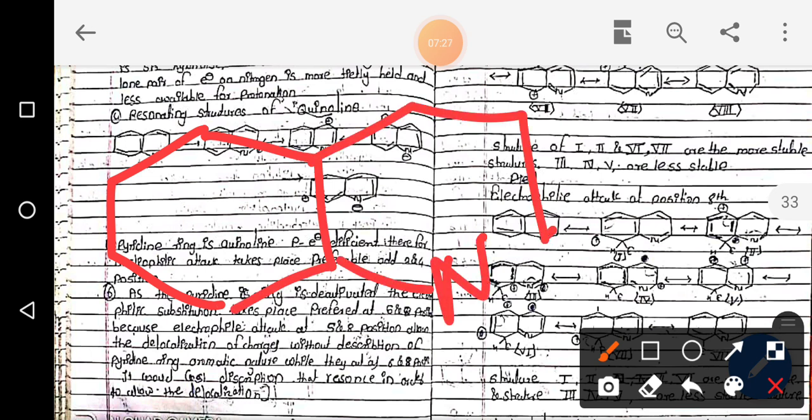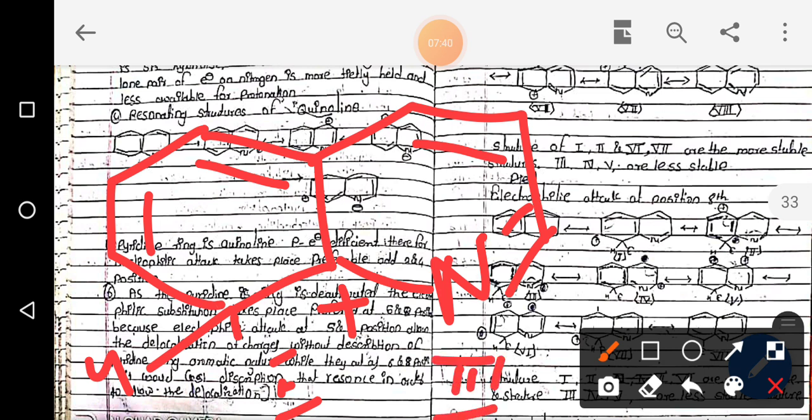In every step there is a general structure: plus charge comes here, double bond here, double bond here, hydrogen, electrophile. This is the third step mentioned here.